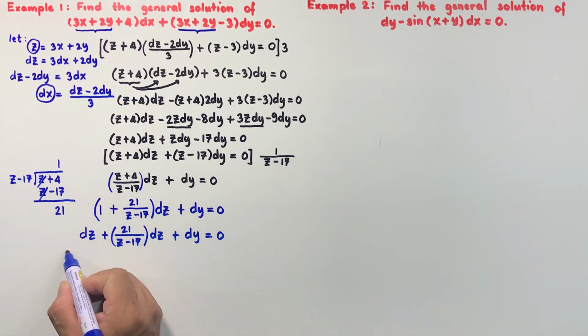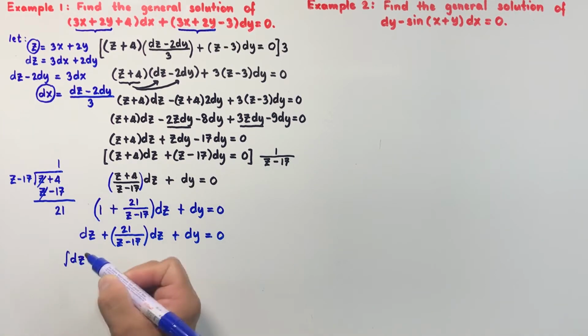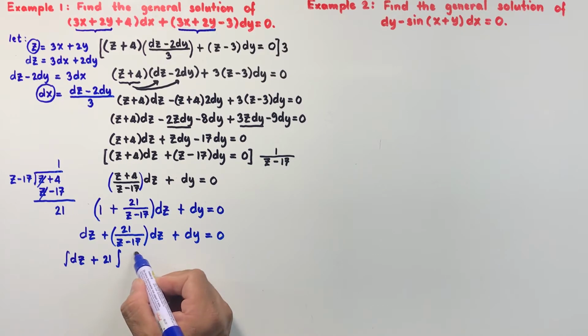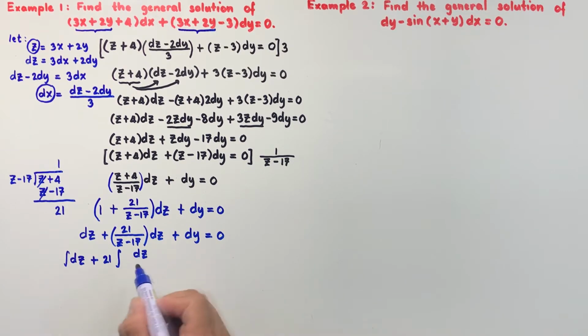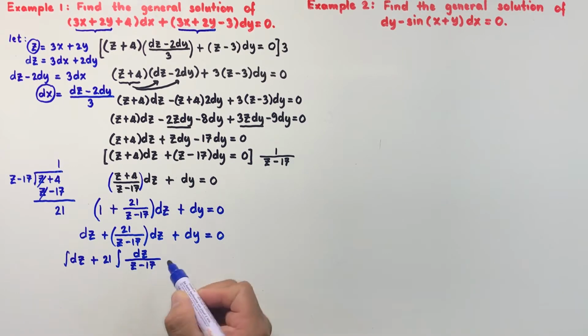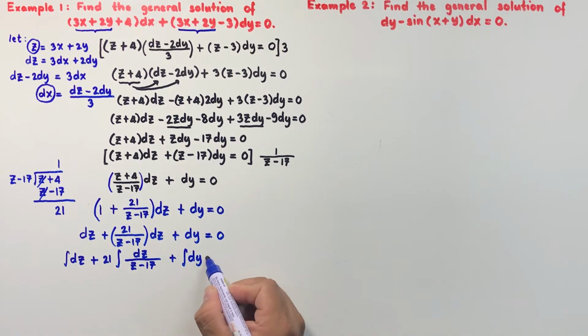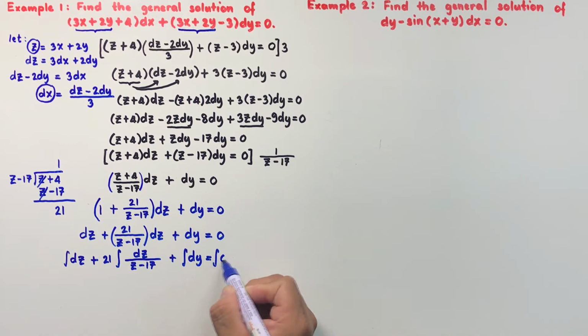So we integrate dz, also integrate this term here. So this is 21. When we factor the 21 in front of the integral symbol, so this is the integral of dz over z minus 17 plus the integral of dy, which is equal to the integral of 0.